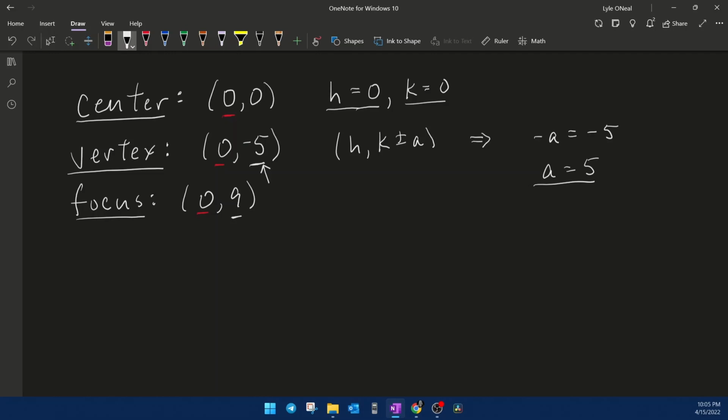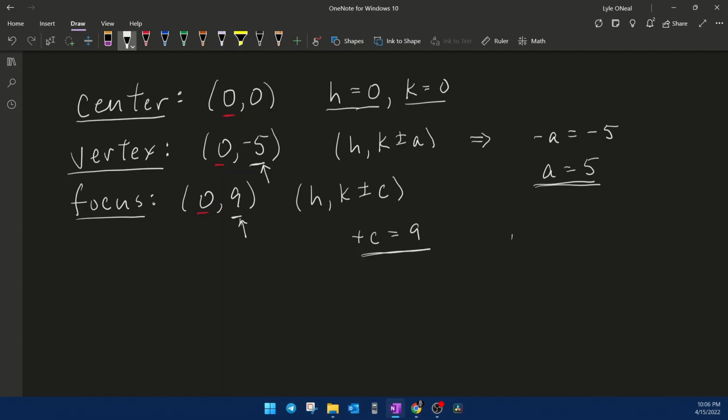And from the focus, the formula (h, k plus or minus c), knowing that this value is positive, is going to indicate that this is the k plus c value. Again, k is 0, so replacing k with 0 is going to tell me that c is 9. If I know a and c, I can find b, and then I'll be done.